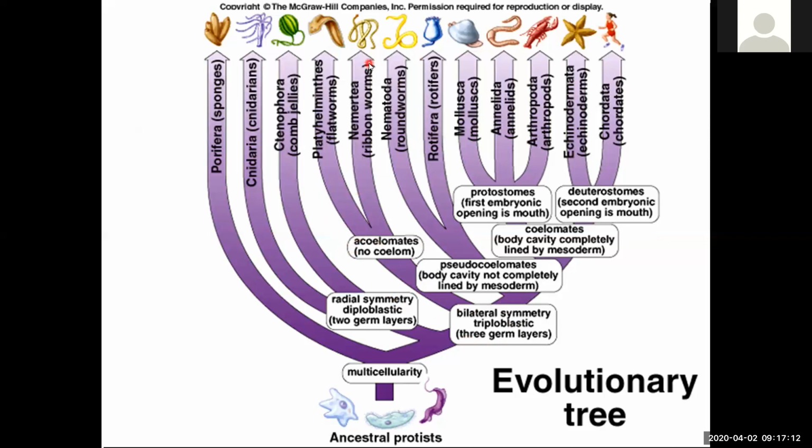So we can talk about the ribbon worms. I'm not really going to talk about those too much. I'm going to talk about Platyhelminthes, the flatworms, where they do not have a coelom, also known as acoelomates.